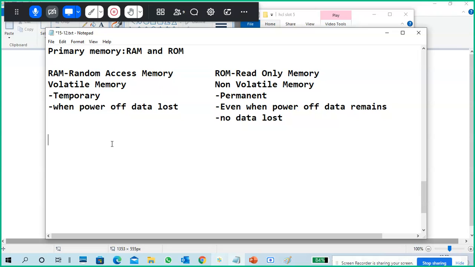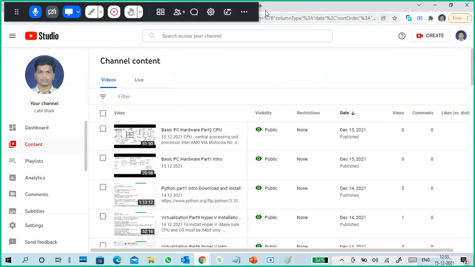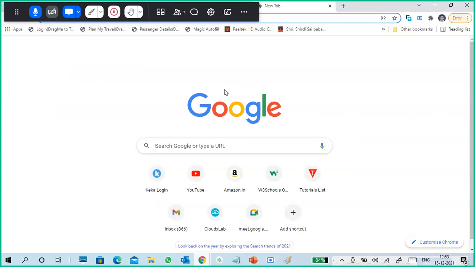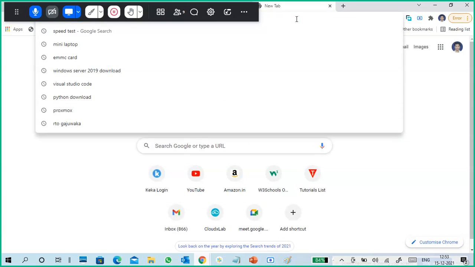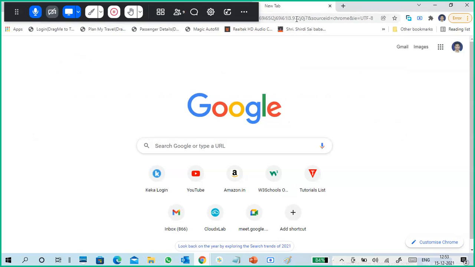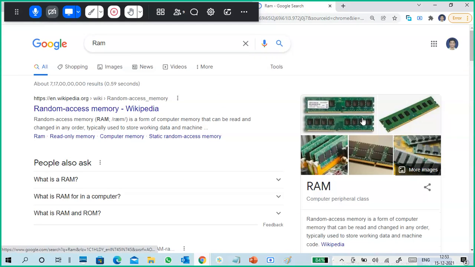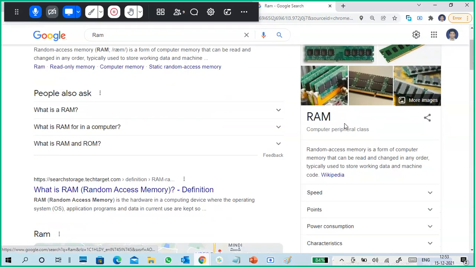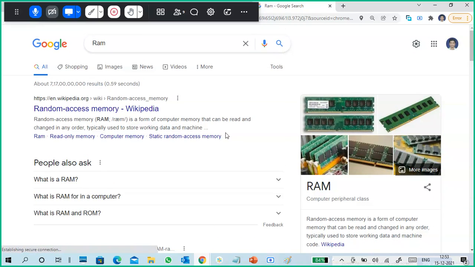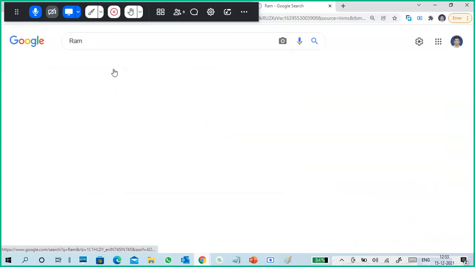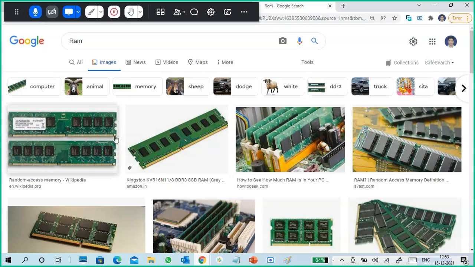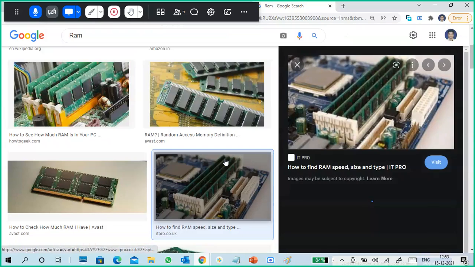But how does RAM originally look? It is a little bit different. RAMs look like this one. It is an independent component on a motherboard. Independent means it is an individual part.